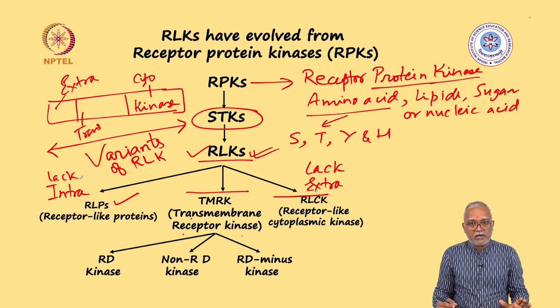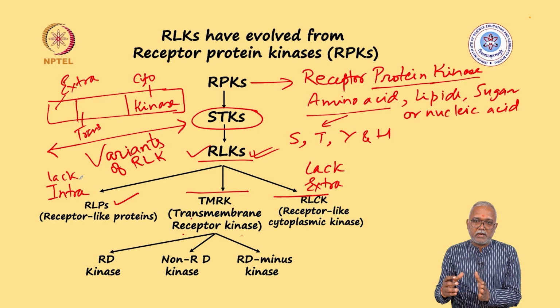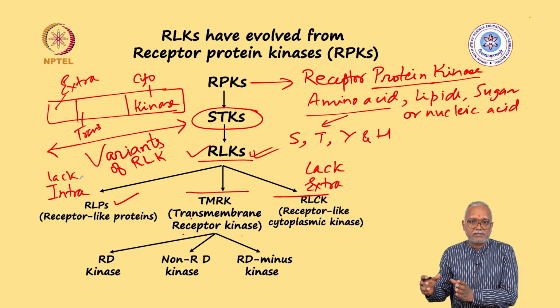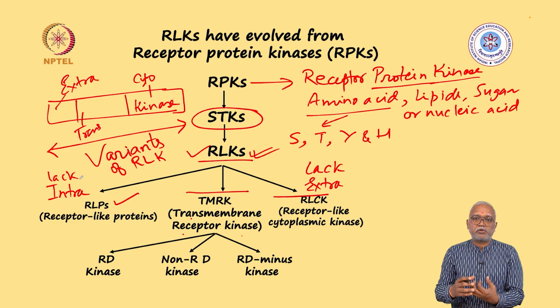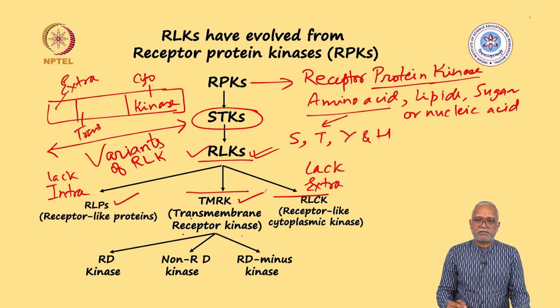So, when signaling is performed in plants, you will see a combination of these molecules, a TMRK going with the RLP or TMRK going with RLCK. Together they ensure that the receptor is activated and signaling is perpetuated. Further, in these TMRKs, there are multiple forms which have been identified.